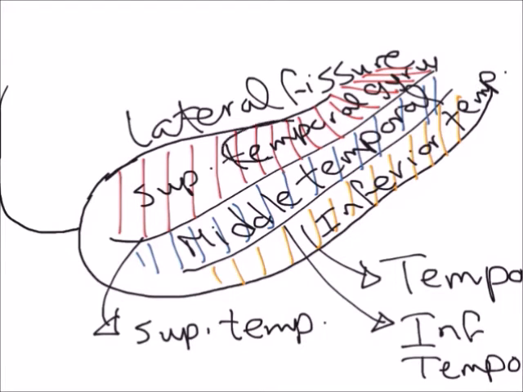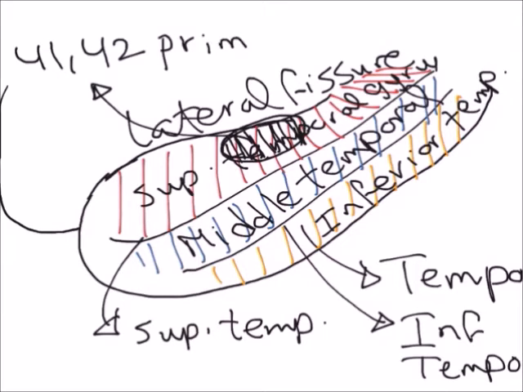Here in the middle of this superior temporal gyrus we have a very important area, which is area 41 and area 42 according to Brodmann classification, and this is the primary hearing area or primary auditory area.